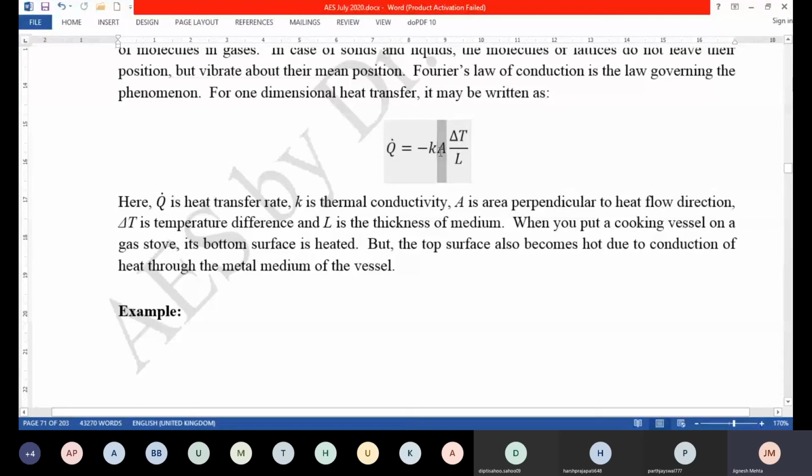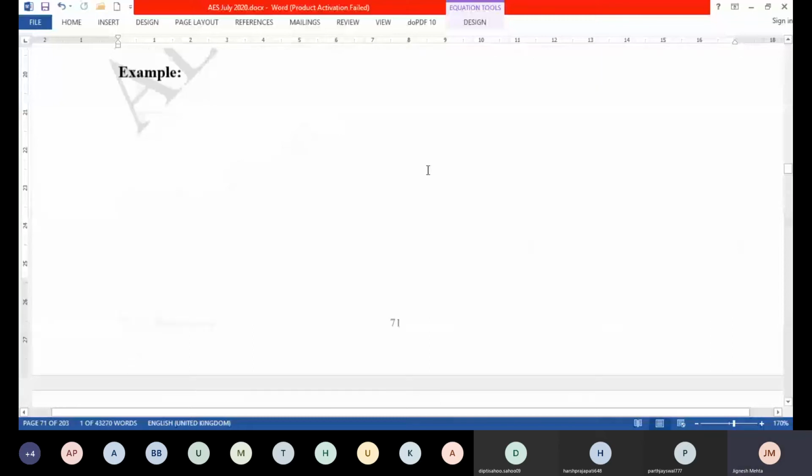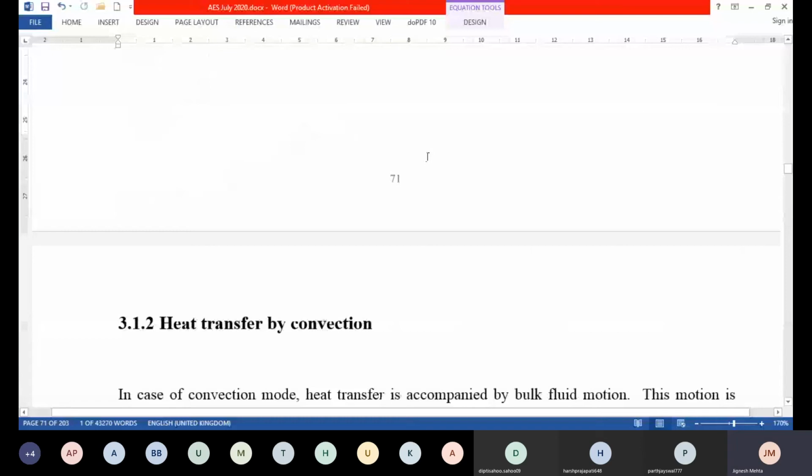The more the area, the more the heat transfer rate. Similarly, the higher the conductivity, the more heat transfer it will allow. Similarly, the higher the temperature difference between the two sides, the more the heat transfer rate. And it is inversely proportional to L, so if you increase the thickness, the heat transfer rate would be lower. Right, so this is about heat transfer by mode of conduction.